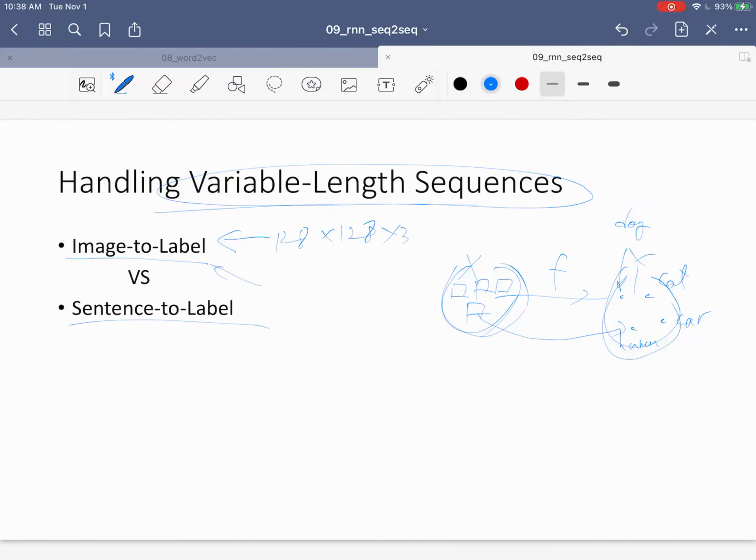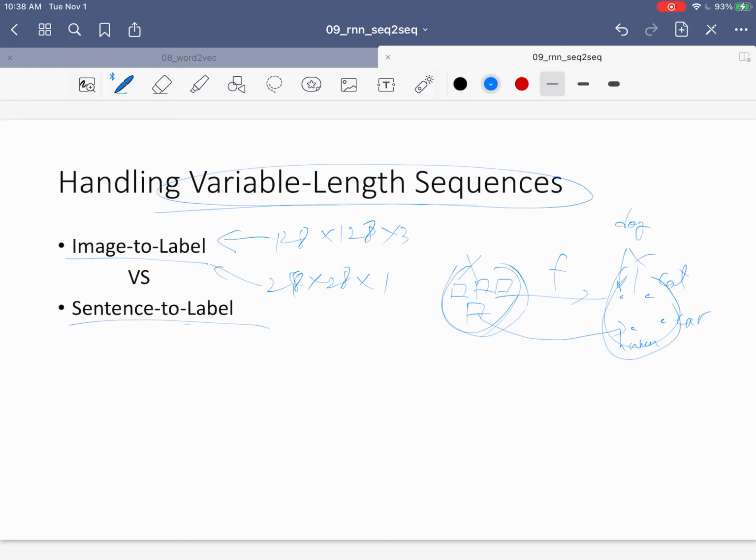With MNIST, it's simply 28 by 28 by 1 because it's black and white. Once we decide which problem we're going to solve, whether MNIST, ImageNet, or CIFAR-10 classification, the size of the input doesn't change.